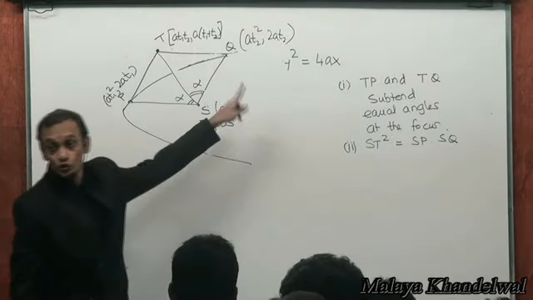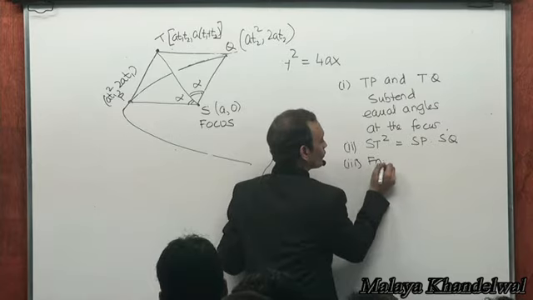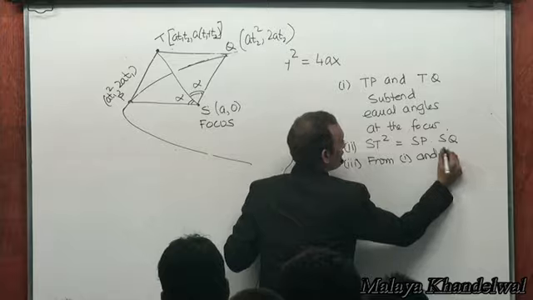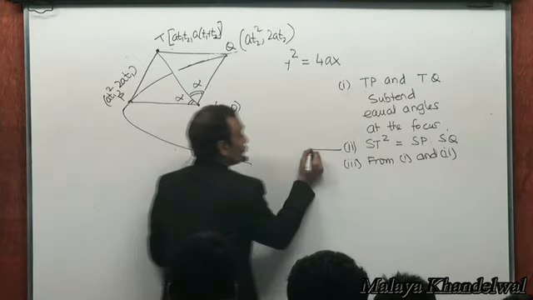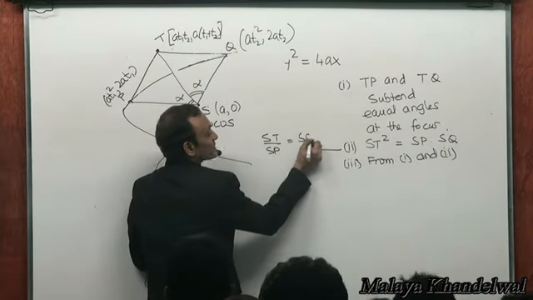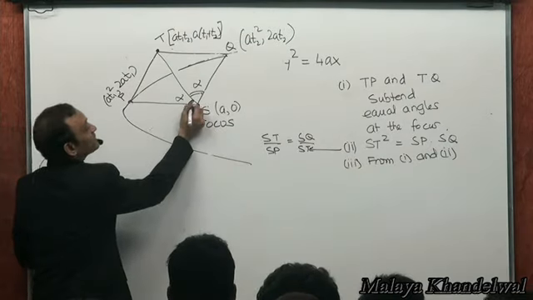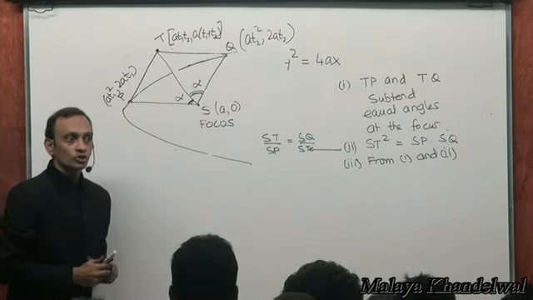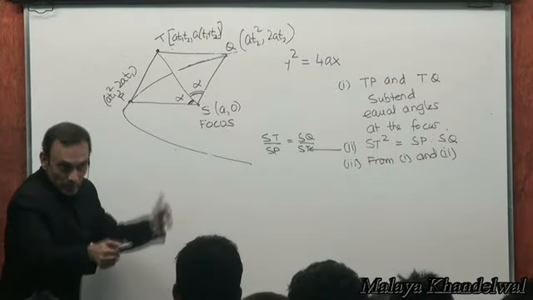And from 1 and 2, see from 2 for example, ST by SP is SQ by ST, and these are included angles between the two sides. The two triangles STP and SQT must be similar, not concurrent.